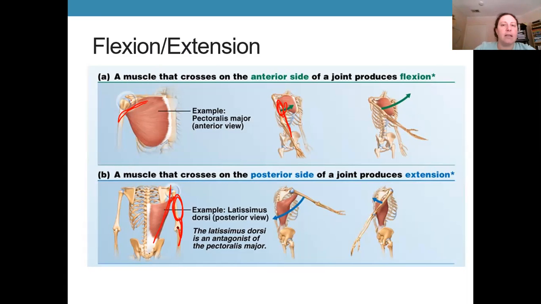Because the knee is set up to flex posteriorly, muscles that cross the posterior side of the knee joint are going to cause flexion, and muscles on the anterior side are going to cause extension. So it does depend on how the joint is set up, but most joints are set up so that these are true.